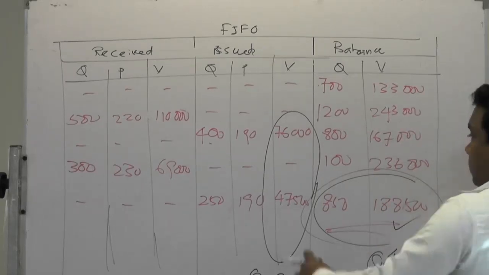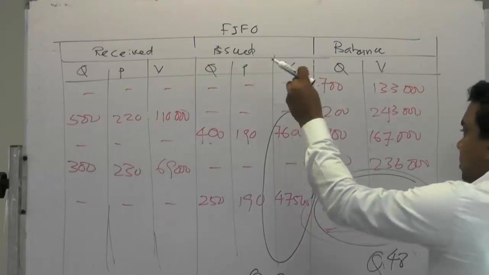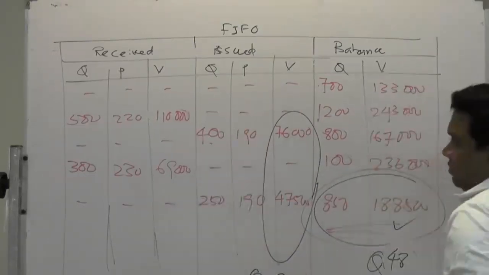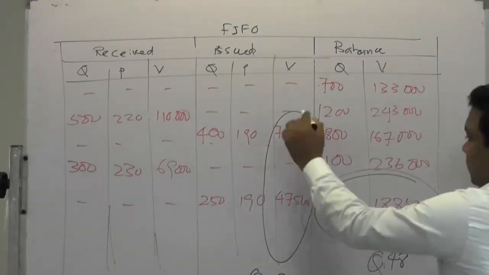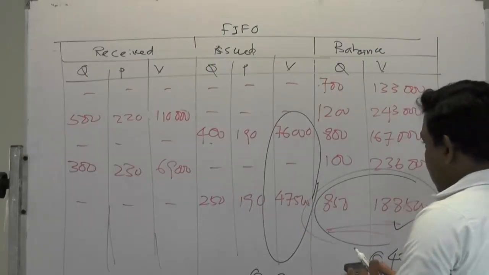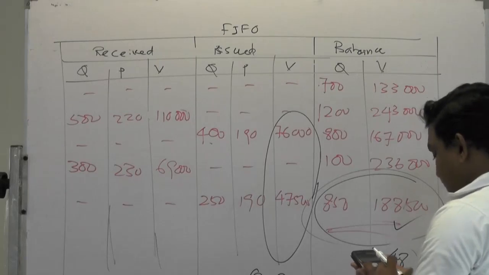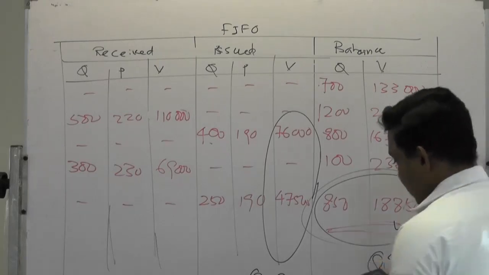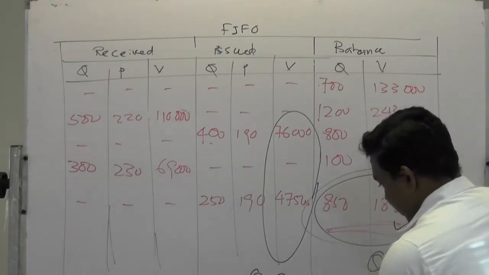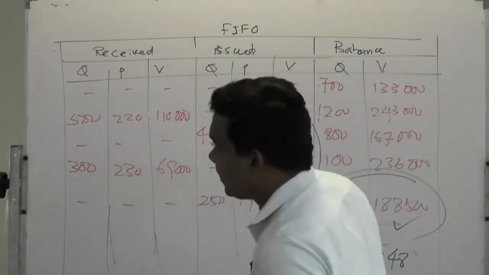Cost of sale means cost of the items issued, because you sold them. The sum of these two. Let's see the value. 76,000 plus 47,500, 123,500. You can see the answer given as 123,500.